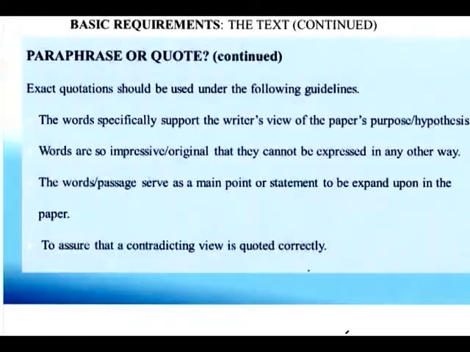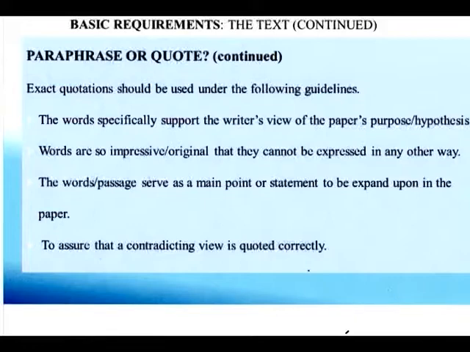So let's talk about when it is best to use the exact words, the quotations, okay? To quote something from an author rather than to summarize. Number one, the words specifically support your view of the paper's subject matter or your hypothesis.